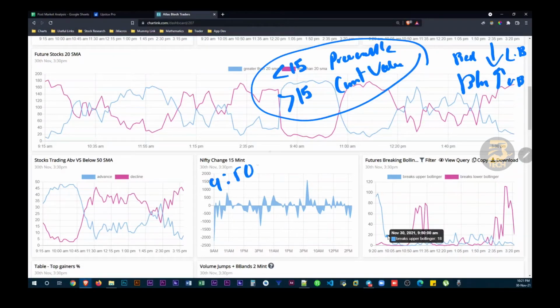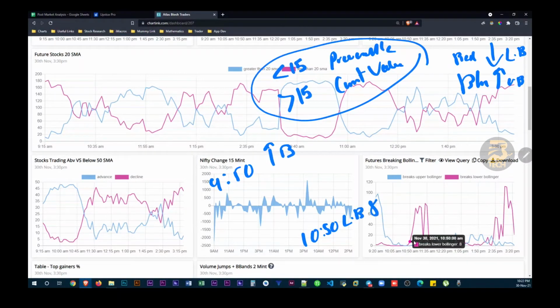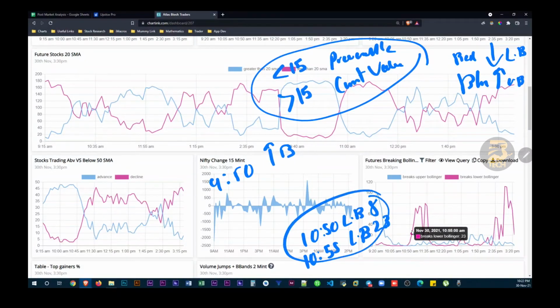At 9:50 we can take a bullish entry. Later on you can see at 10:50 the lower Bollinger value is 8, and in the next 5 minutes, at 10:55, the lower Bollinger band is greater than 15, at 23. So this satisfies our condition, and here is our entry.